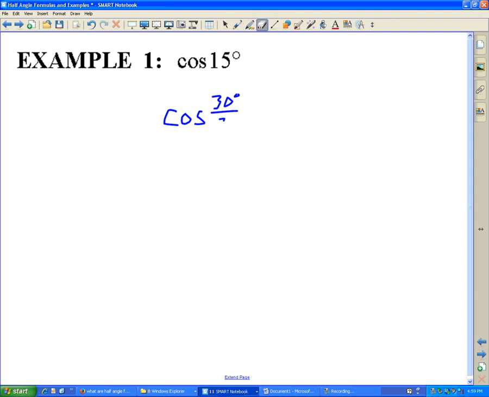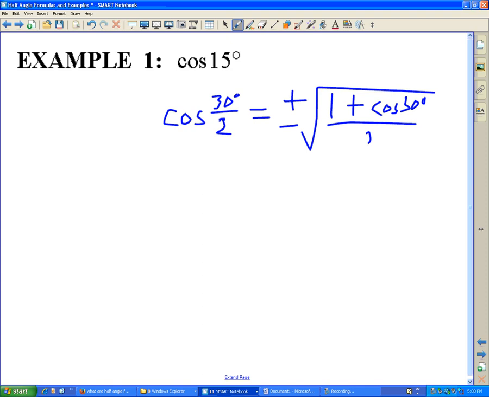And now I can use a half angle formula because this is written as a half angle. The half angle formula for cosine is plus or minus the square root of 1 plus the cosine of 30 degrees, all divided by 2. See, I can look up cosine of 30 on my table. I know what that ratio is. That allows me to find an expression that works.